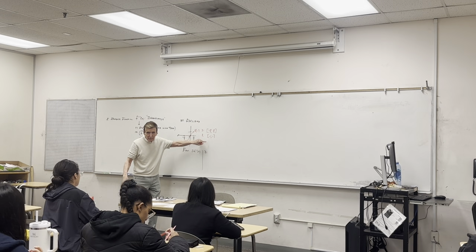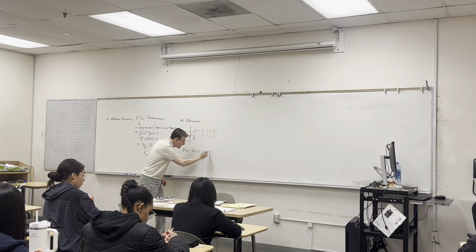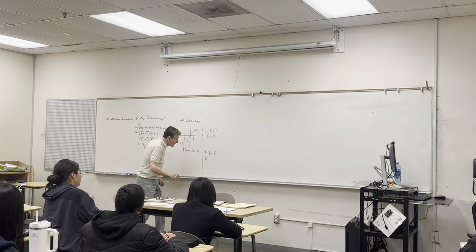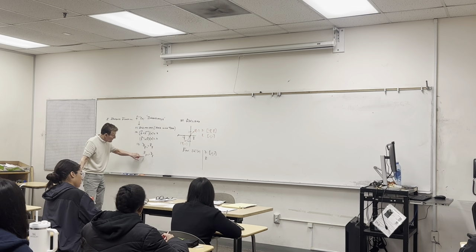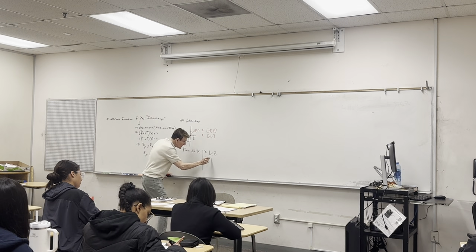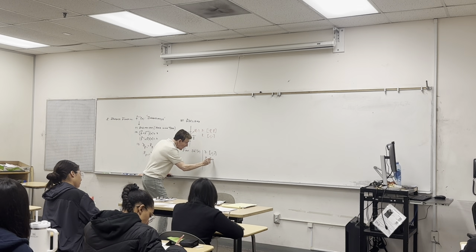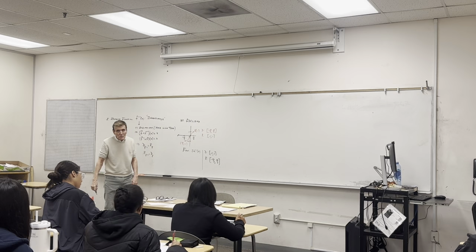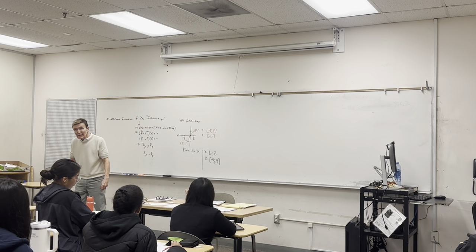Negative 1 to 1. That's now my domain of this. Things are being turned around here, interchanged. If I ask for the range of the inverse, with this statement, the range of the inverse corresponds with the domain of the original slice up there. And that was what? Negative pi over 2 up to positive pi over 2.